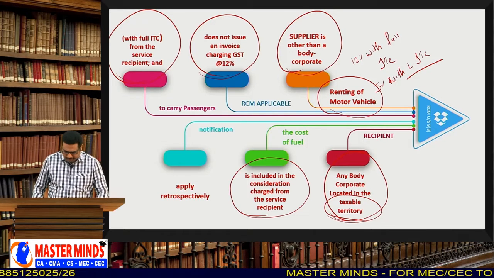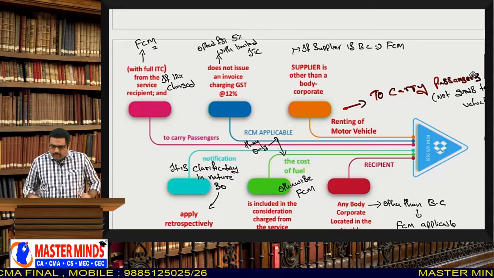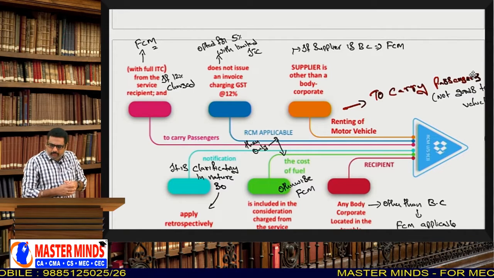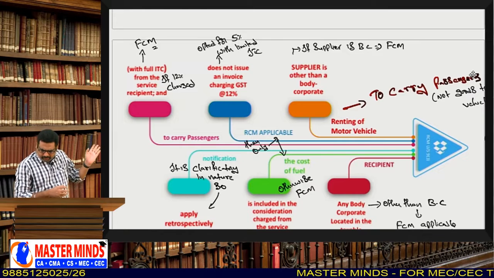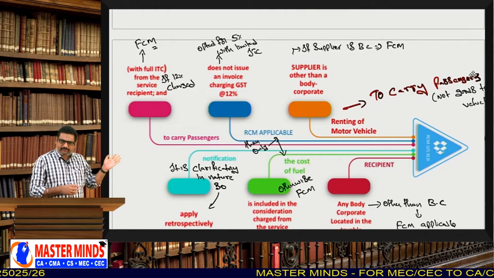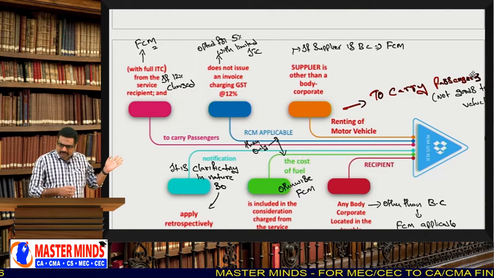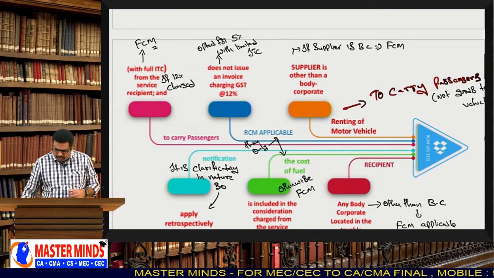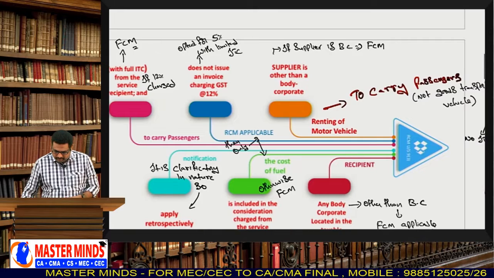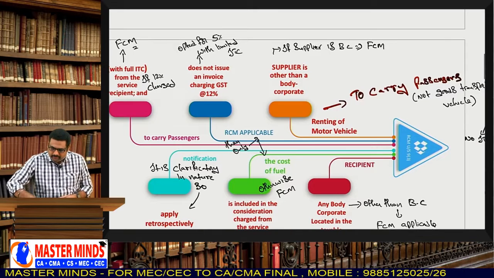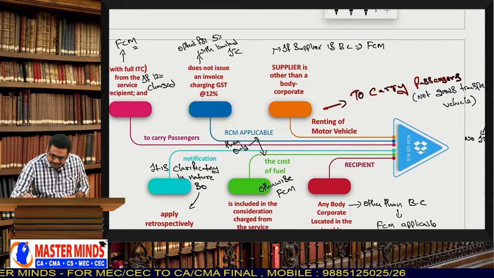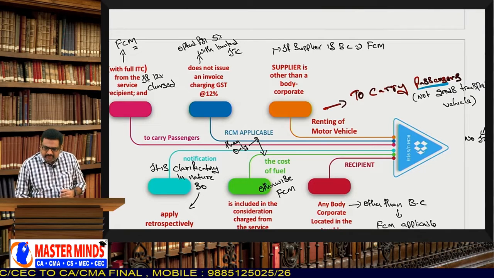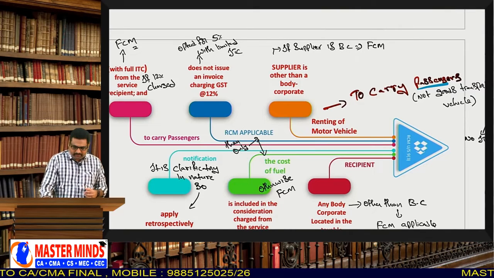Wait a minute. I already told you regarding this. So renting of motor vehicle: in order to apply this particular RCM concept, the renting of motor vehicle should be to carry passengers, not a goods transport vehicle.